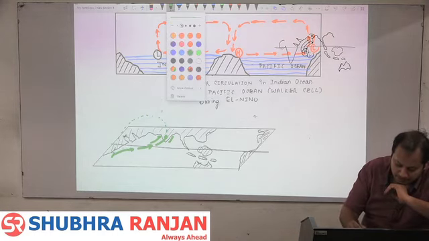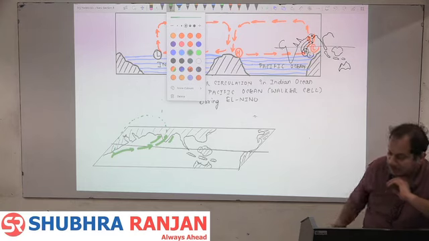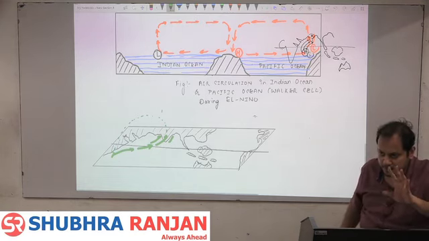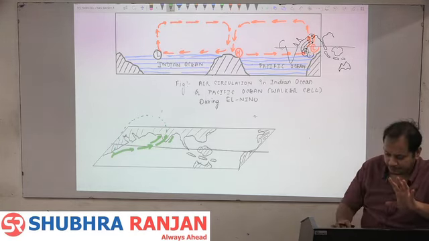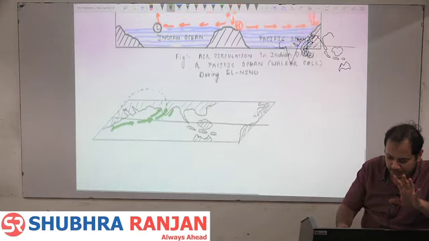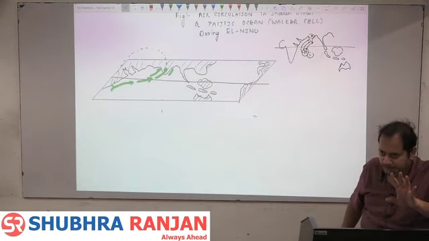Imagine, ये सिर्फ कंसेप्ट के लिए है मैप. Imagine the green color lines are Somali jet stream. It is bringing good monsoon over India.